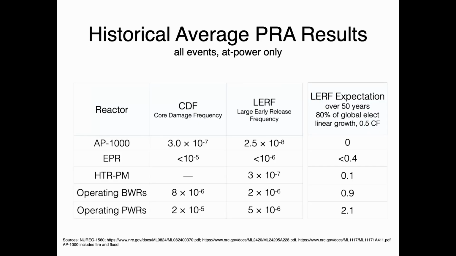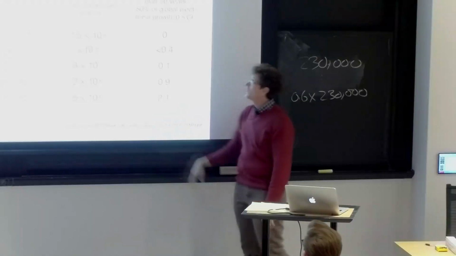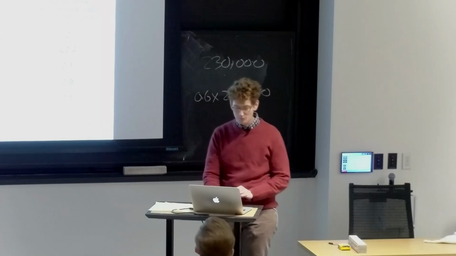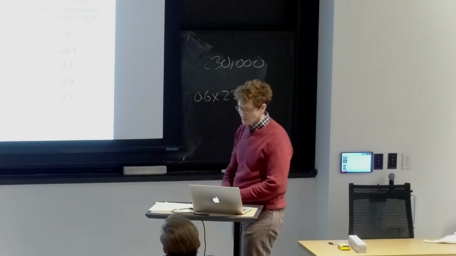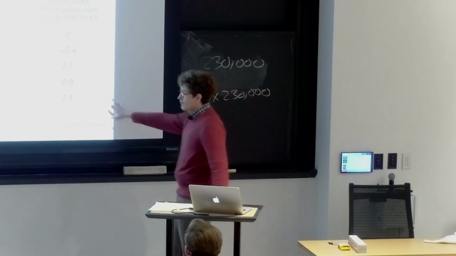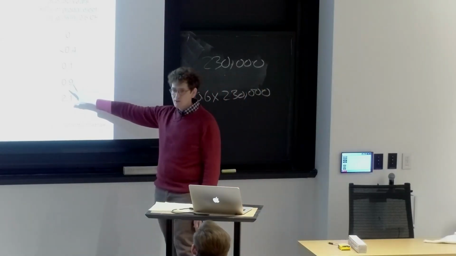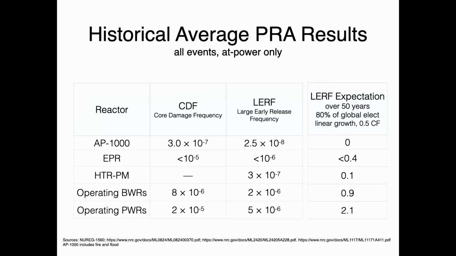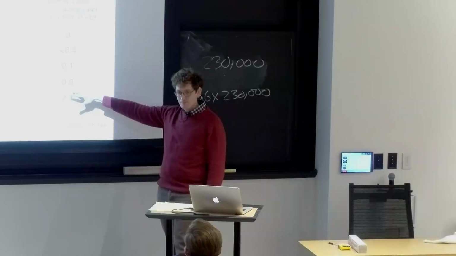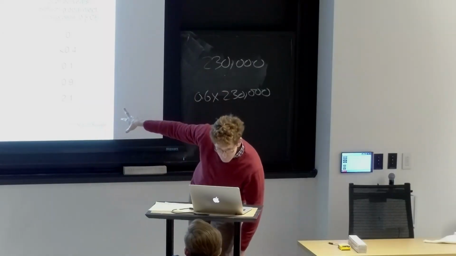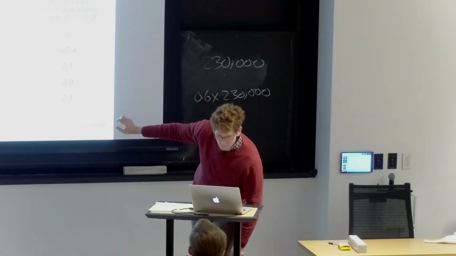Only for existing operating BWRs would you have more than 1 accident per year. If you're in this regime, you would have a problem. Can you imagine having a large nuclear reactor accident every single year? Oh, yes, you're right.